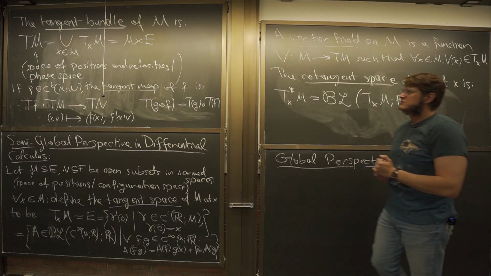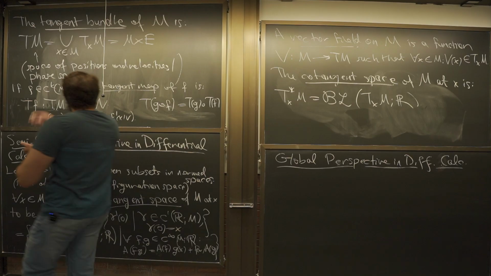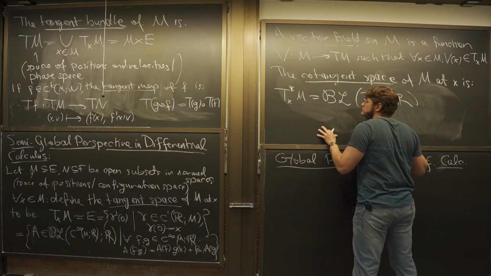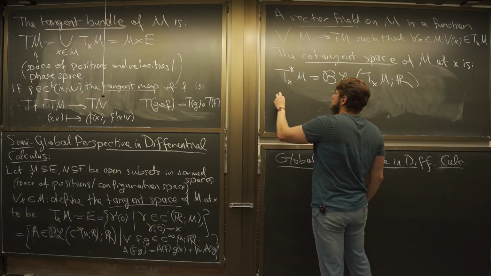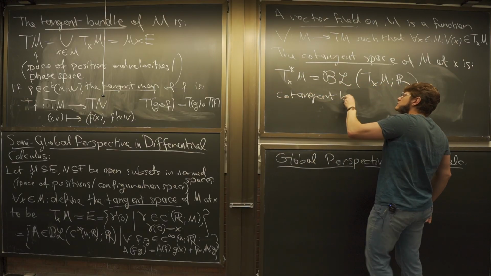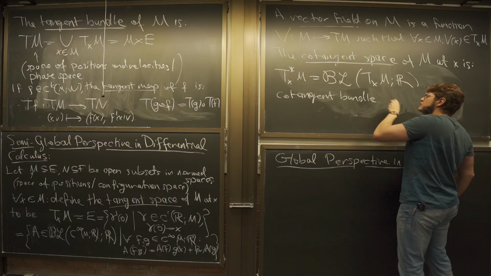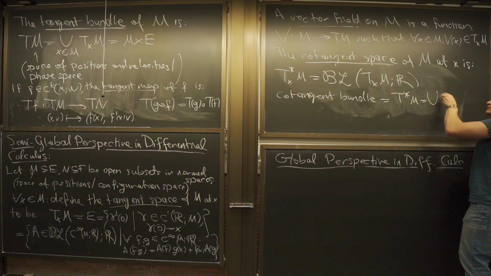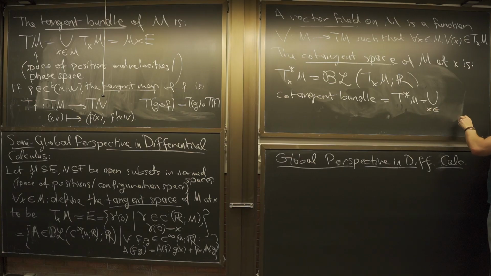The cotangent bundle is the union of these, T star M, like so.